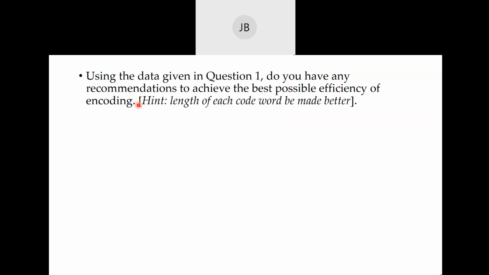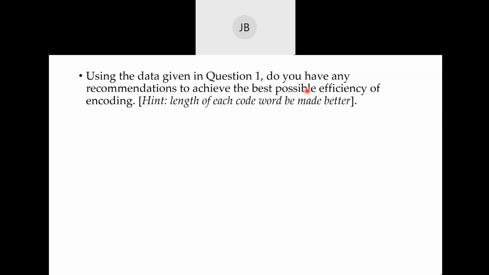So the question here is to achieve the best efficiency. But there is a hint on how to achieve it: the length of each code word can be made better. Using this hint, how can we solve this part of the question?